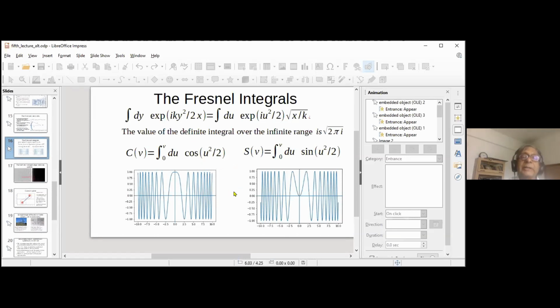And near the bottom of the parabola, the tangent is horizontal, it's varying slowly. So that's why cos of u squared and sine of u squared are varying slowly. And then if you go up in the parabola, it's varying very rapidly and all these cancel out. When you do the integrals, they tend to cancellation. And you can see the cancellation for the real part and imaginary part in this graph.